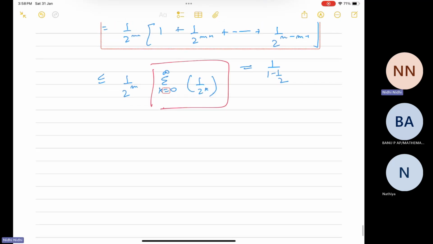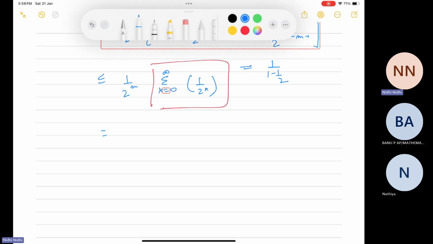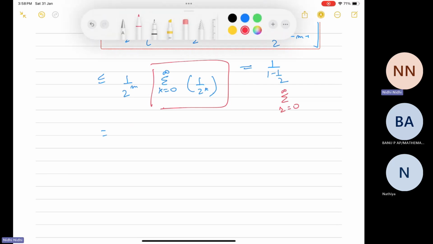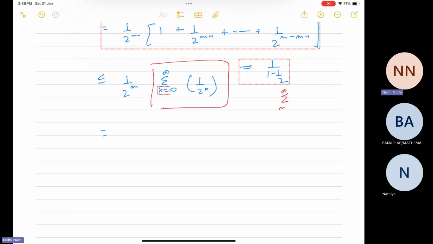We all know that when we have the summation n from 0 to infinity of r to the power n, where r is strictly less than 1 and greater than 0, this is an infinite geometric progression whose sum is 1 upon 1 minus r.